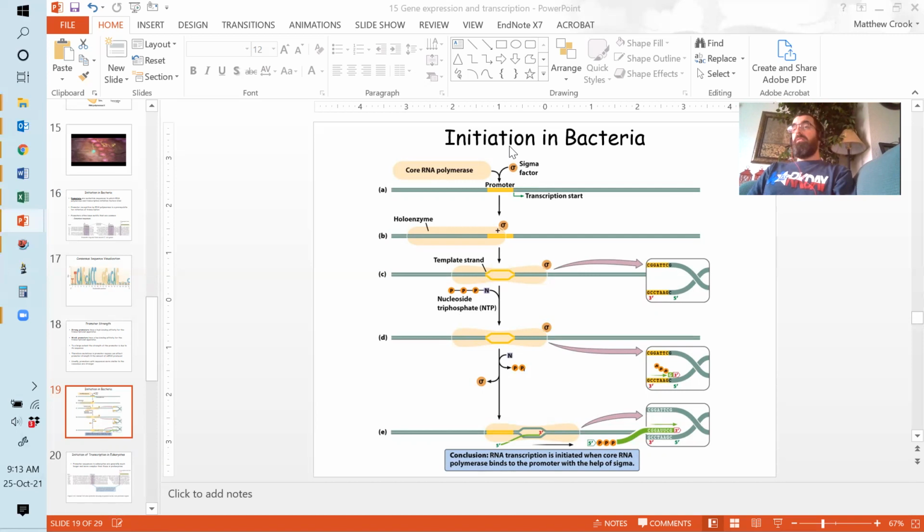So a simple matter of sigma factor binds, RNA polymerase binds to that and to the promoter, and you get transcription. So that's what I mean by transcription being always on. Unless there's something to physically stop this process, transcription will always occur from a gene in bacteria.